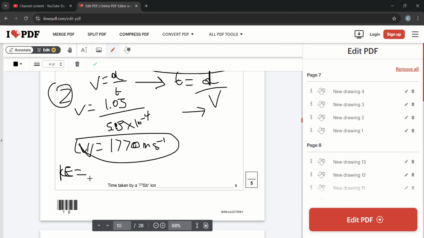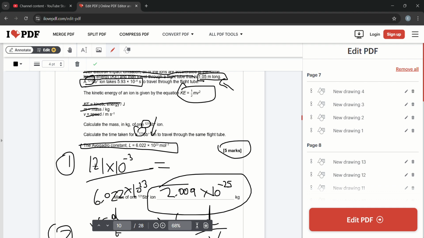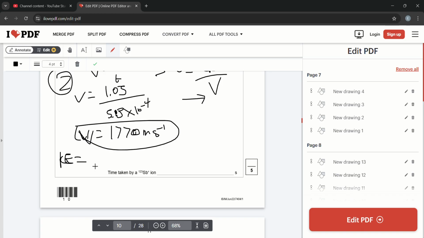Kinetic energy is just going to be a half times the mass of the 121 Sb plus ion, 2.009 times 10 to the power minus 25, a half m v, the velocity squared. I get the kinetic energy as 3.1493 times 10 to the power minus 19 joules.